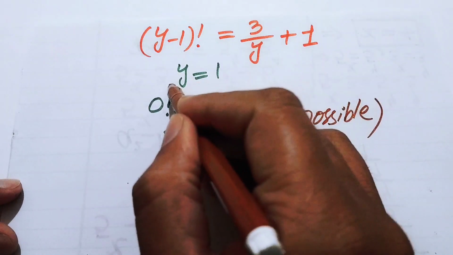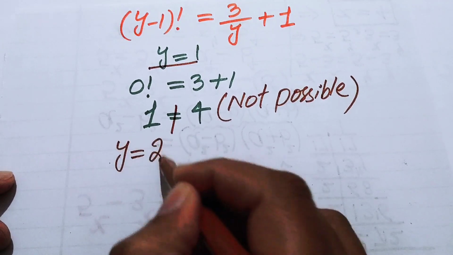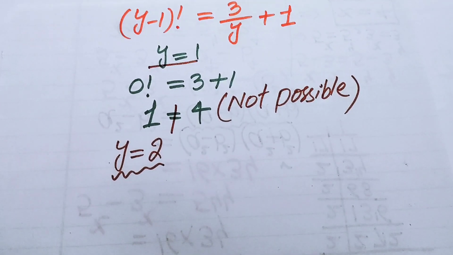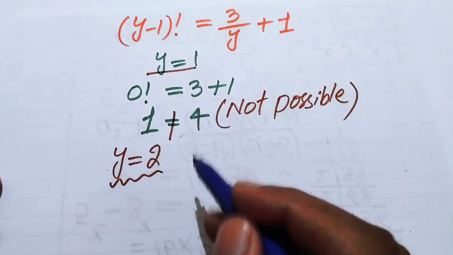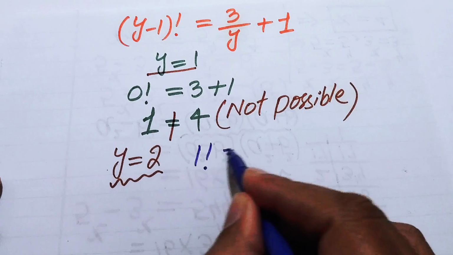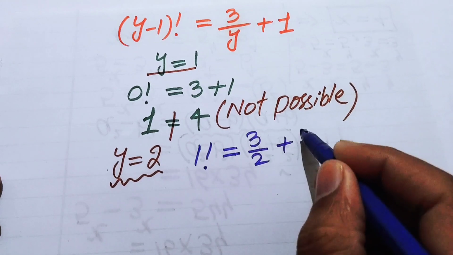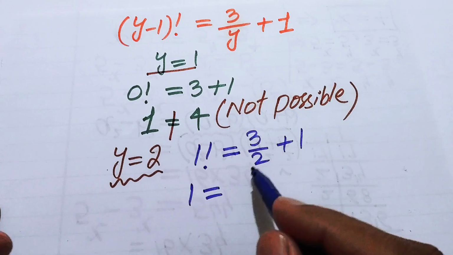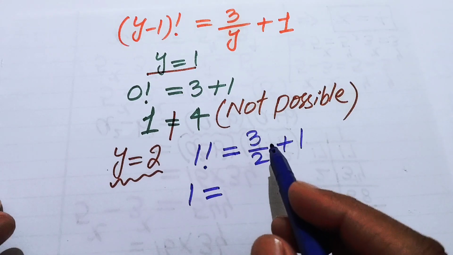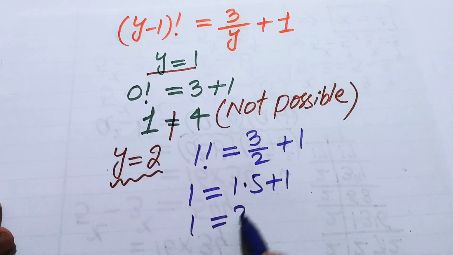And now we check at y equals 2. So when you substitute y equals 2 in the given equation, you will obtain 2 minus 1 is 1 factorial equals 3 over 2 plus 1, and you know that 1 factorial equals 1 and 3 over 2 equals 1.5 plus 1, and it is equal to 2.5.